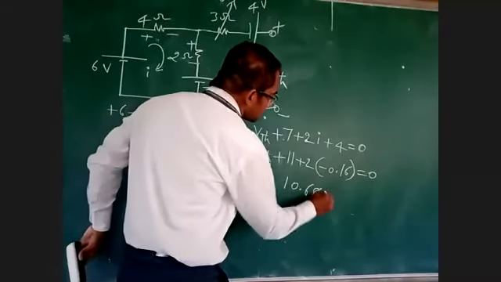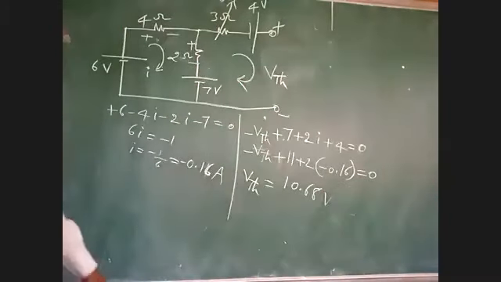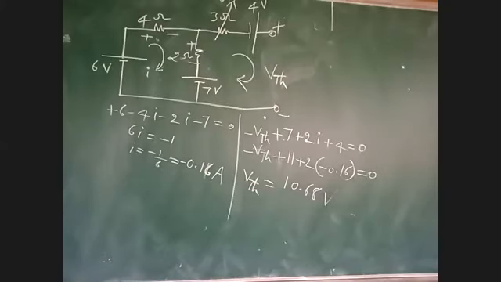Positive or negative? Positive only. This is the value of VTH. Now we have converted the entire circuit into a single voltage source. Now I have to convert the entire circuit into a single resistance.